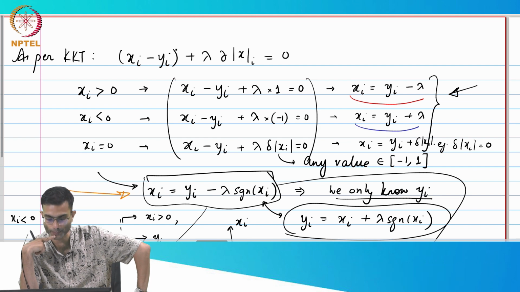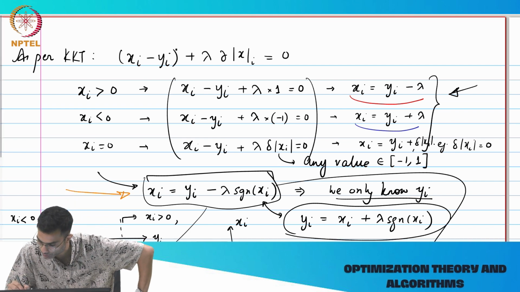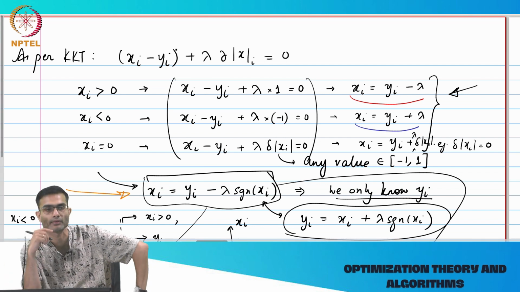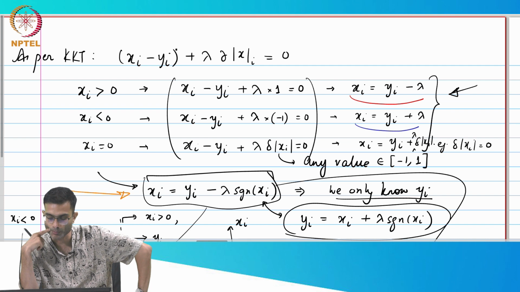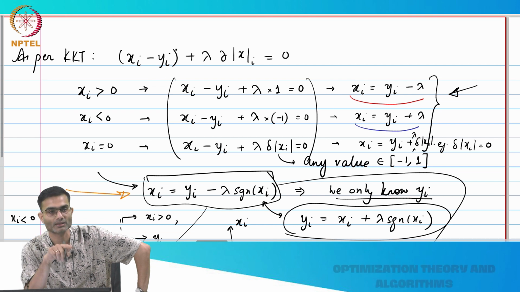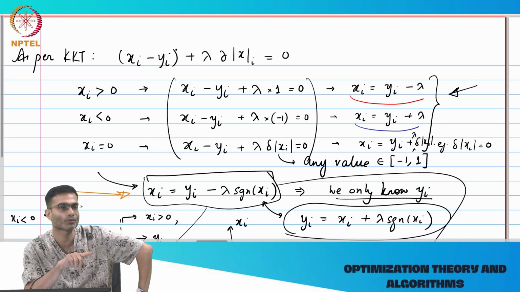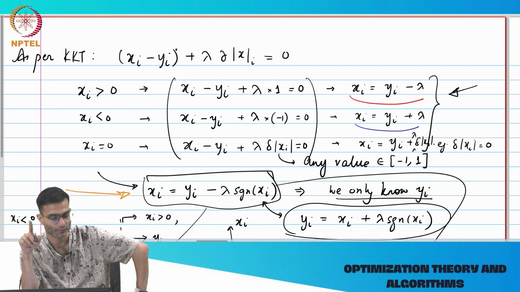You're right. That would happen only if the subdifferential basically mimicked the value of yi. There's a lambda missing over here. Yeah, correct. To maintain xi equal to 0, the subdifferential has to take the value from minus 1 to 1 as y is going from minus lambda to lambda.